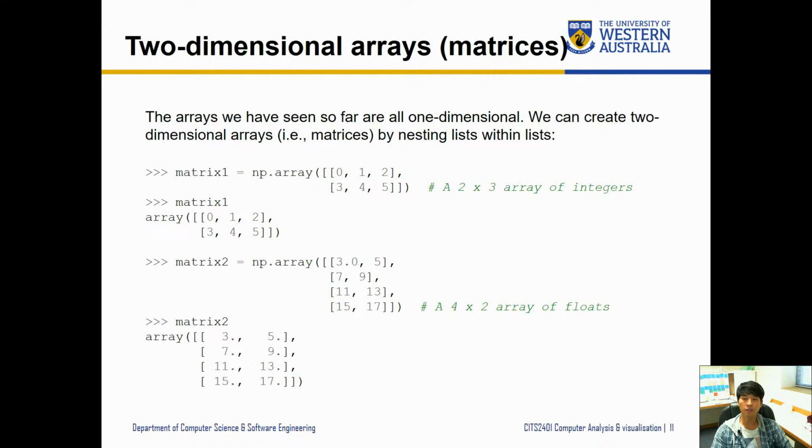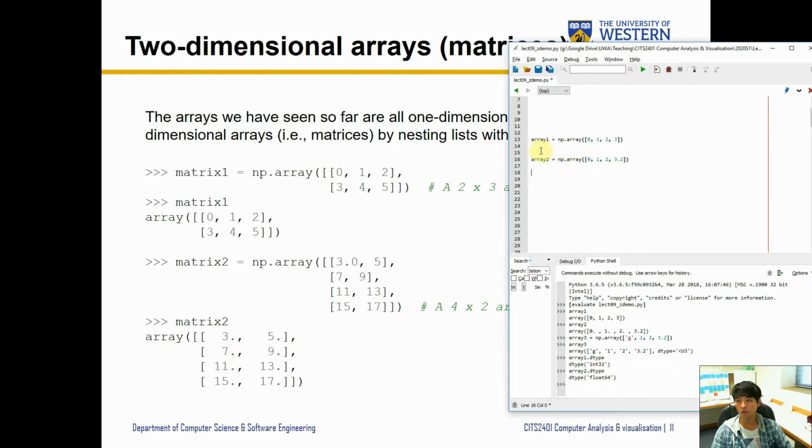Okay, so two-dimensional arrays, the same thing. What we can do is create nested lists and then pass them into the array constructor. So matrices. I have already created matrices and loaded them up.